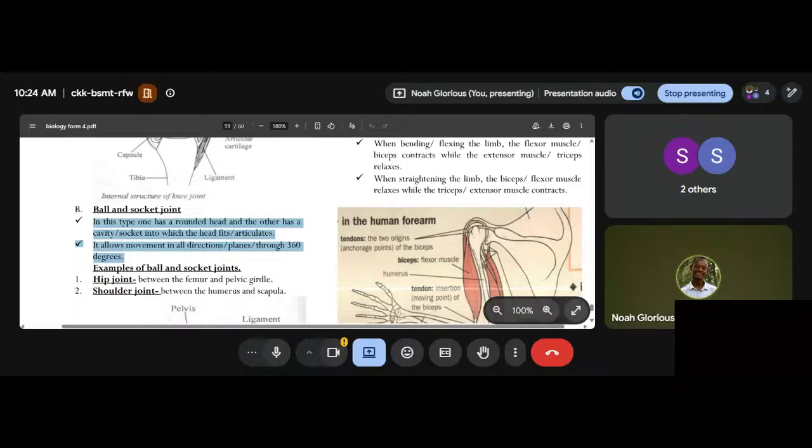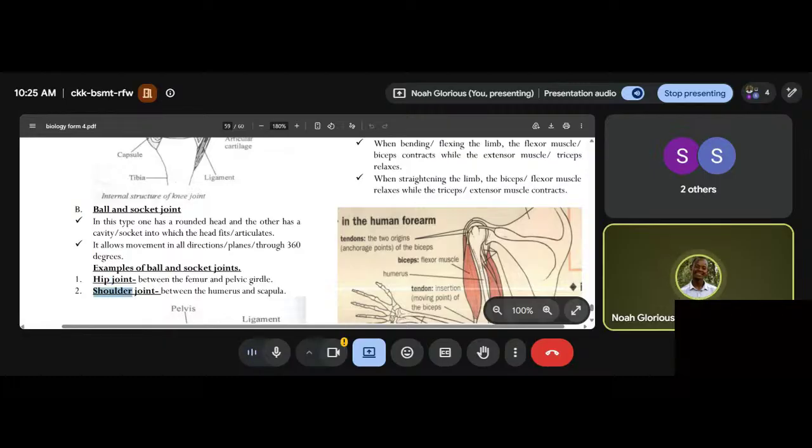So this one has a rounded head, and the other one has a cavity. Head of humerus, head of femur. So it brings about the movement in the hip region and also in the shoulder region.